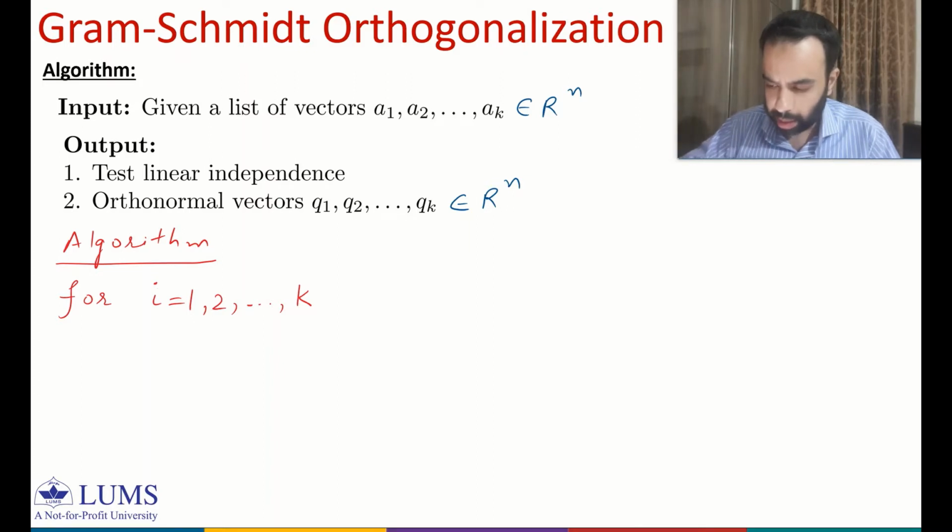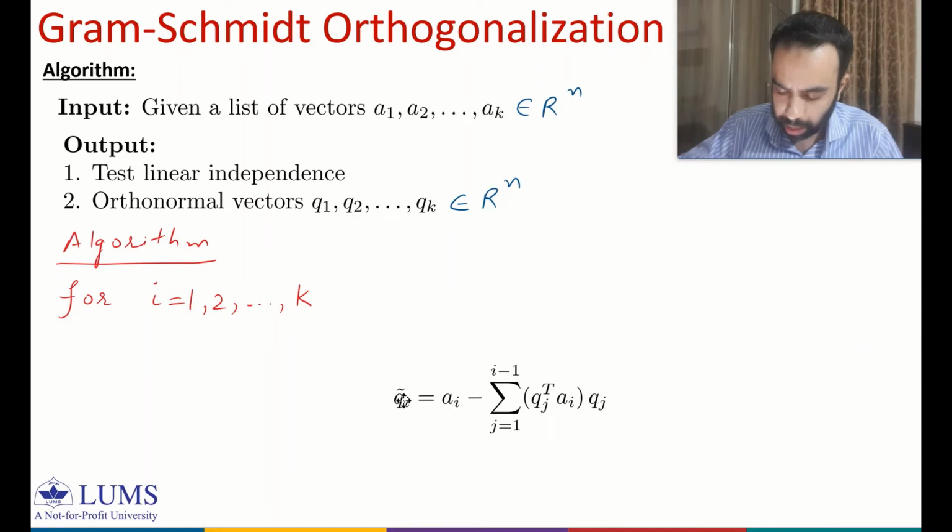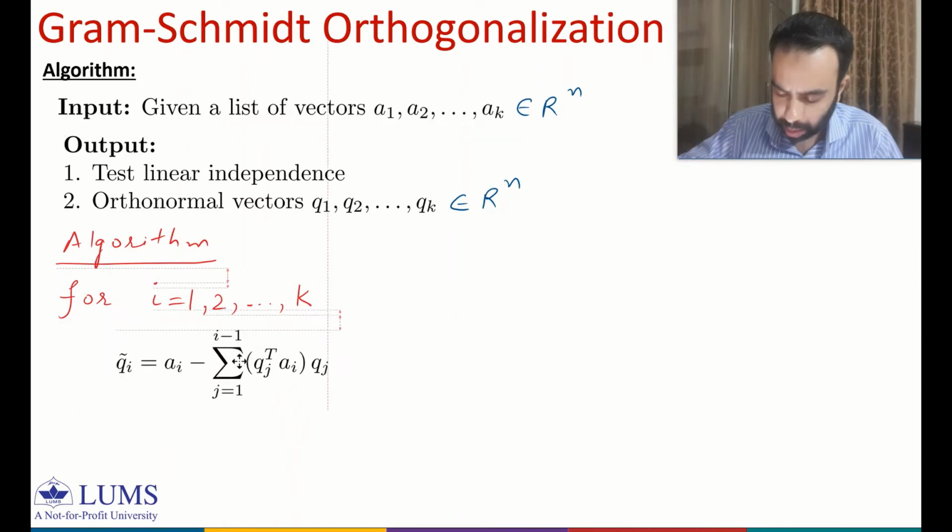In the first step, we compute qi tilde, which is given by this expression. In the second step, we simply normalize qi tilde to obtain qi. So this is qi tilde, and then we divide by the norm of qi tilde, so you get qi.